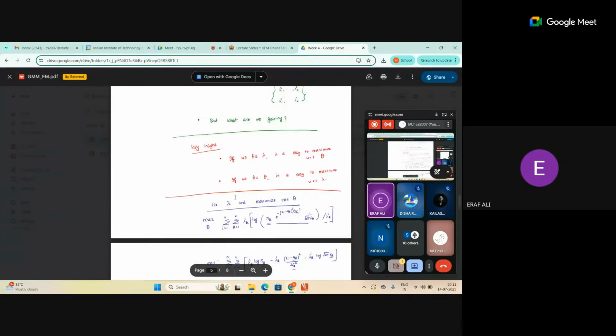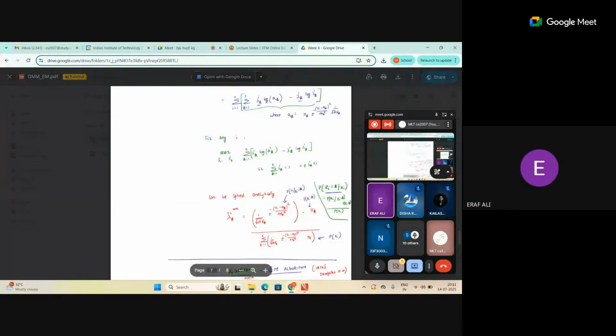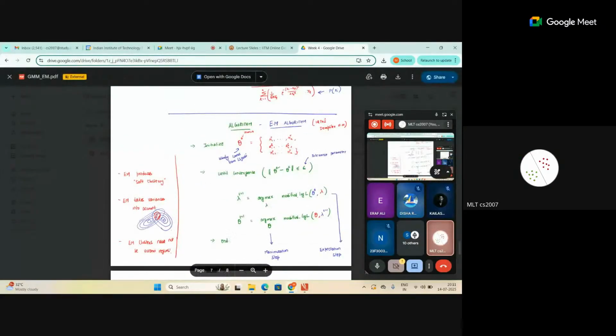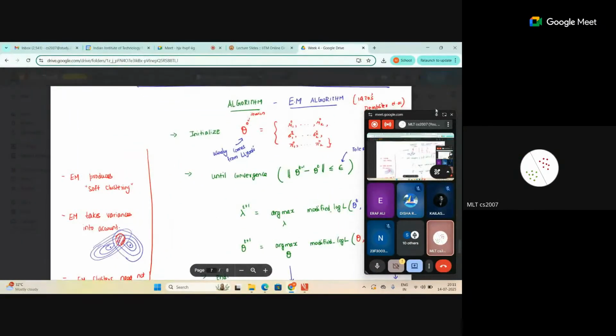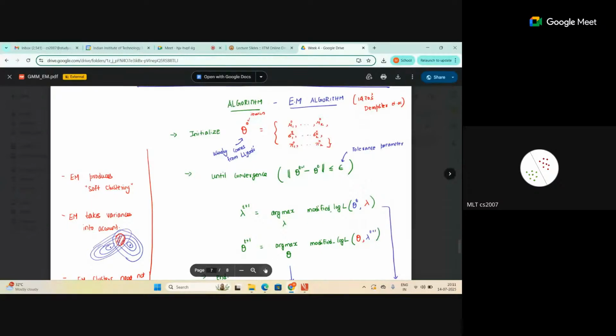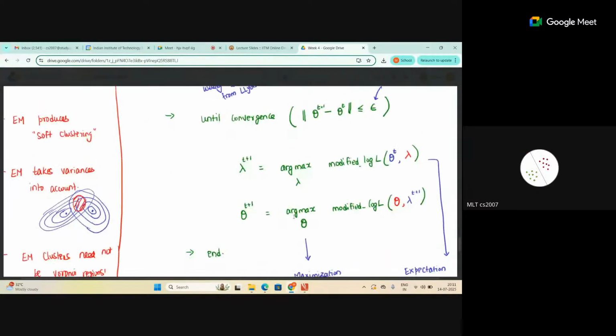So expectation is used to find lambda, right, sir? Yes. Are you able to see my screen? Yes, sir. Here, theta means all parameters: pi, then your mu and sigma.